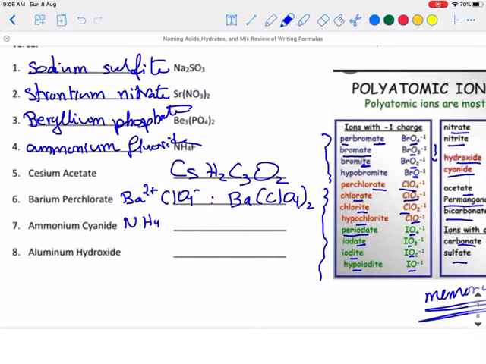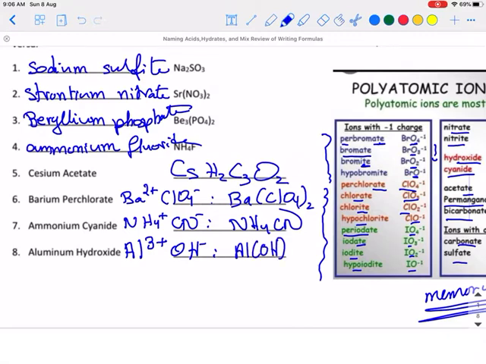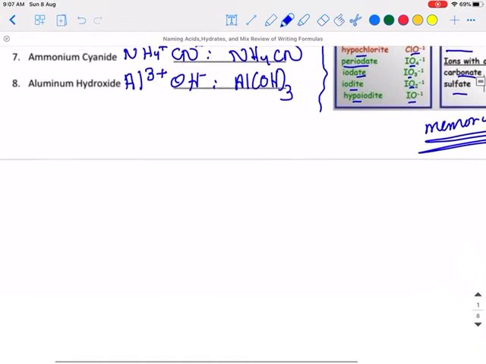Ammonium cyanide: ammonium NH4 plus, cyanide CN minus, crisscross ratio 1:1, NH4CN. Aluminium hydroxide: aluminium 3 plus, hydroxide OH minus, crisscross, and aluminium with hydroxide with subscript 3.